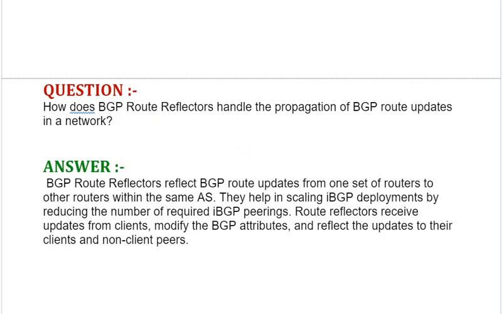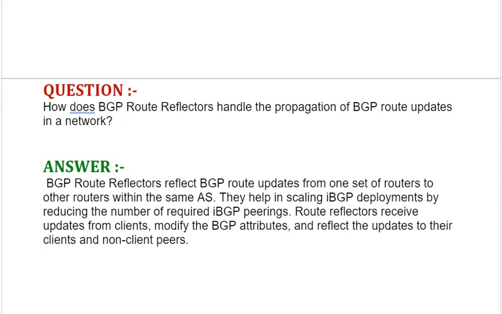Our interview question based on Service Provider Advanced Routing Solutions is: how do BGP route reflectors handle the propagation of BGP route updates in a network? Your answer should be: BGP route reflectors reflect BGP route updates from one set of routers to other routers within the same AS.